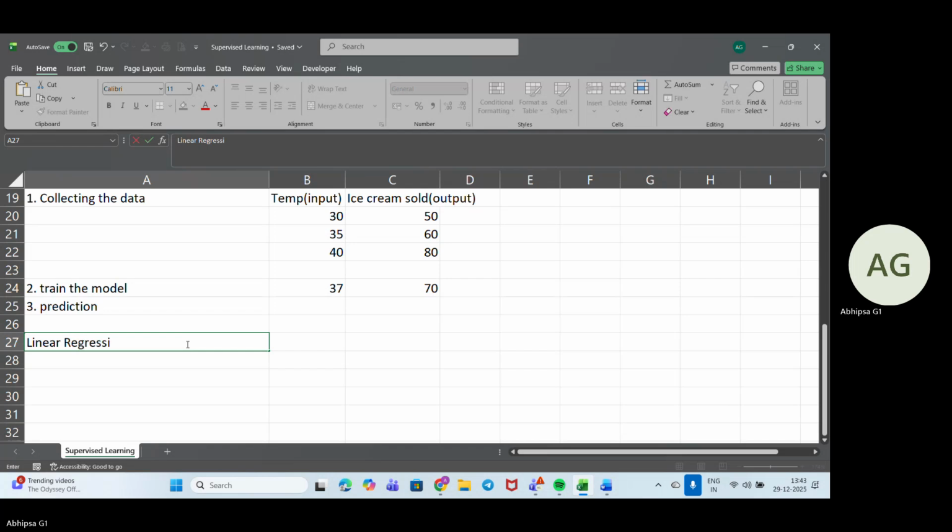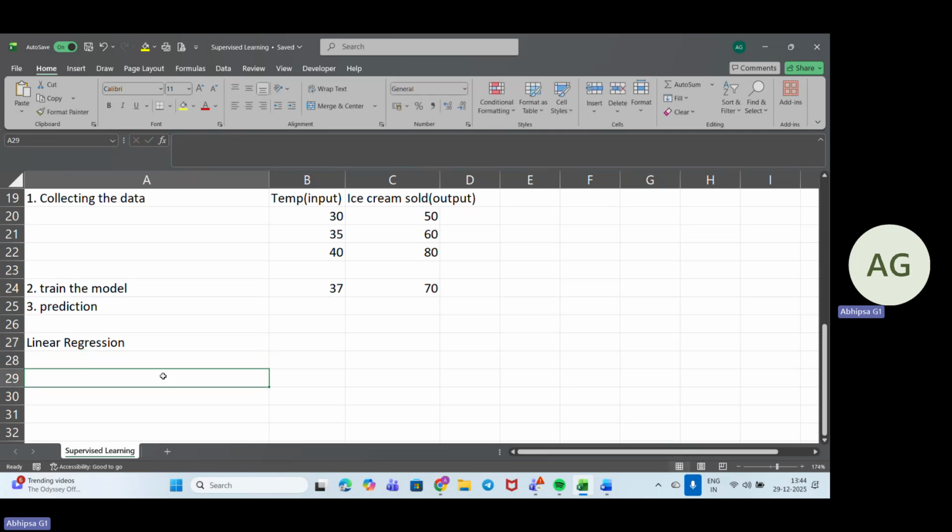So linear regression is basically, what is the problem we are trying to solve, right? Let's take an example so that things can be easily understandable. Suppose you know the size of the house, can you predict the price of the house?